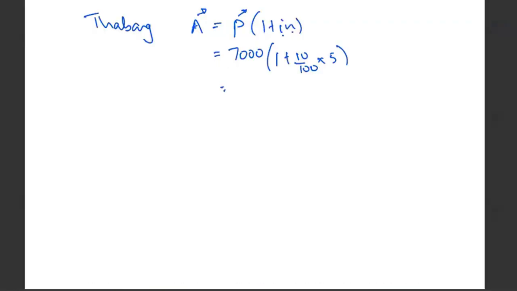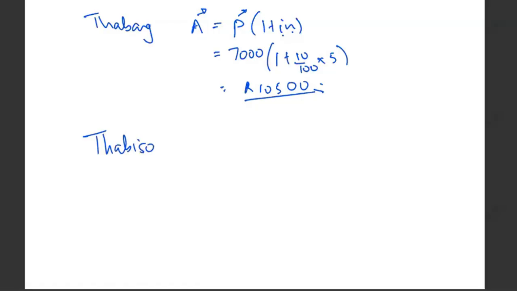When we punch that into our calculator, 7,000 times (1 plus 10 over 100 times 5), we get 10,500.